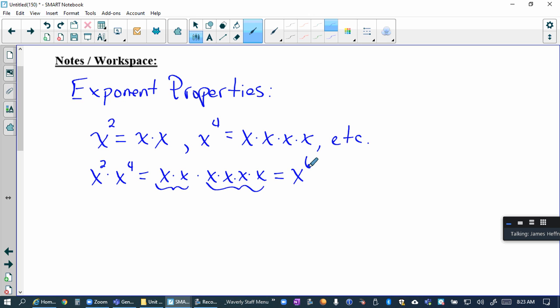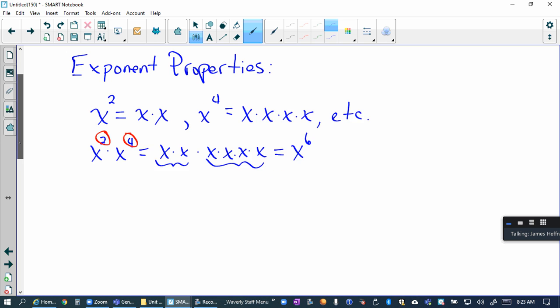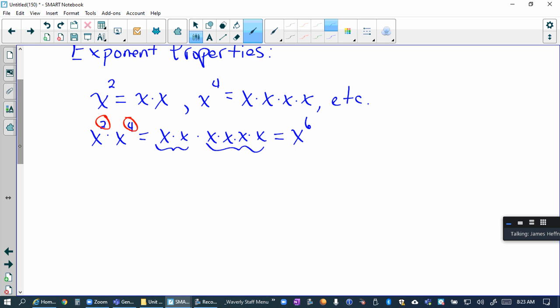So when we break it out that way, what did we actually do with these exponents to get the final result? You just added them. Okay. So if I multiply two terms that are the same, two x terms, I just add the exponents. So we have a little rule we just generated here.